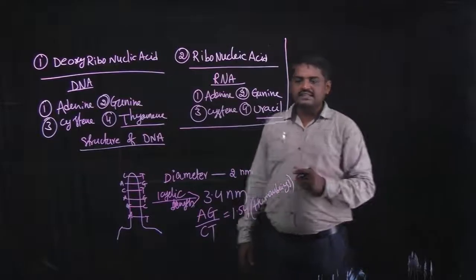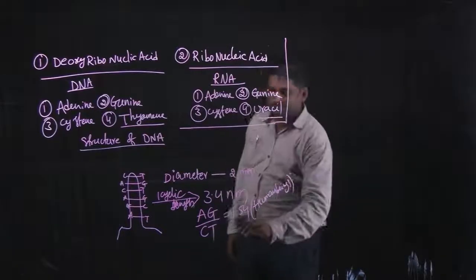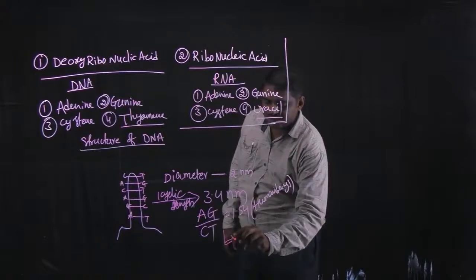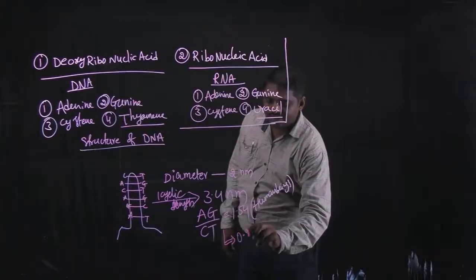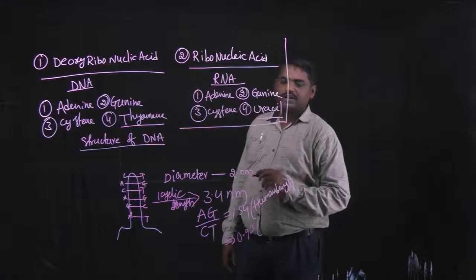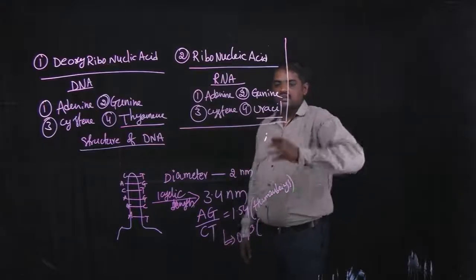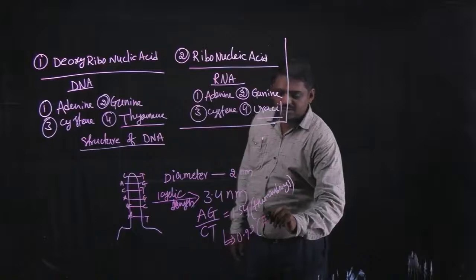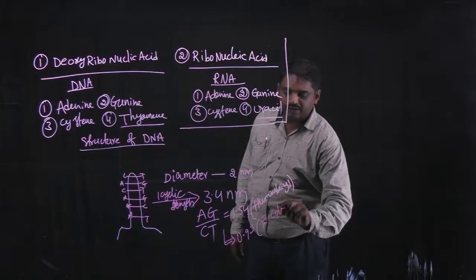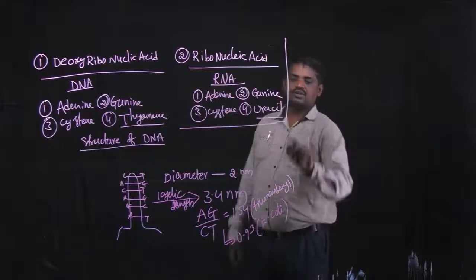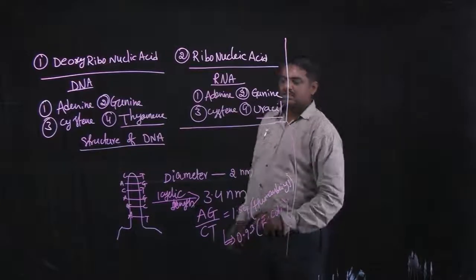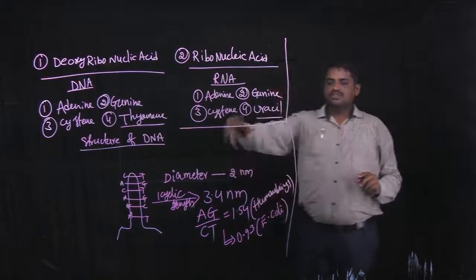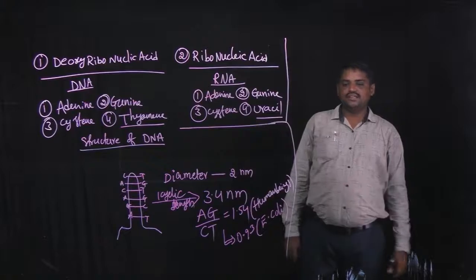That nucleic acid belongs to human beings. So the ratio of bases is used to identify the names of living organisms. For example, an AG by CT ratio of 1.54 is related to human beings. A value of 0.93 indicates an organism like E. coli. Okay, so this is the structure of DNA.